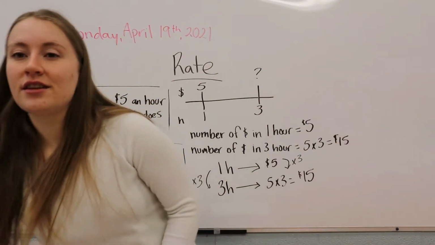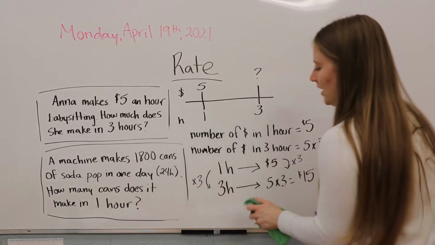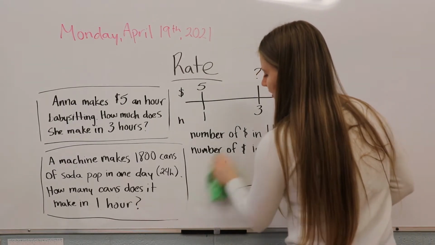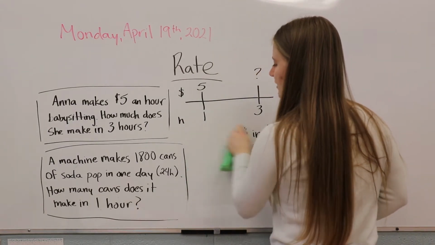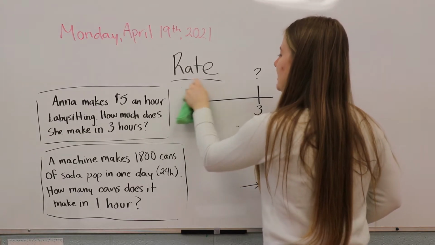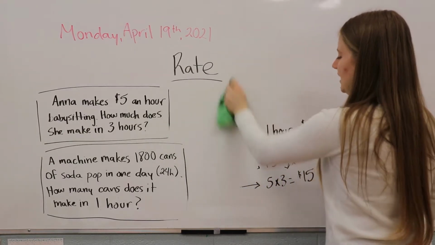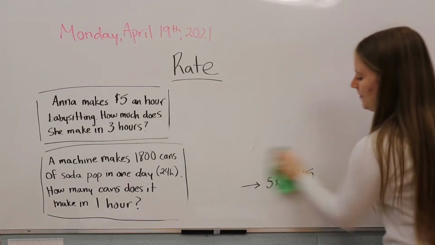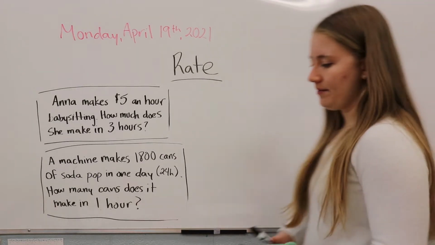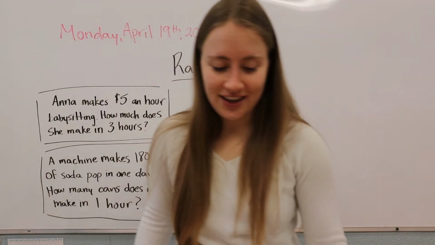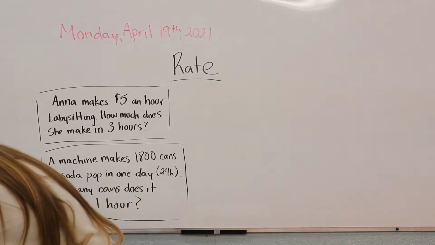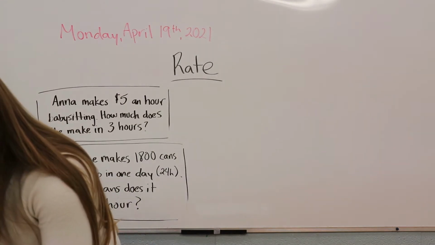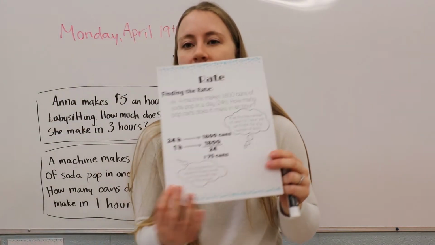Okay? So now let's look at our second example. And this one is probably a little less clear to do in your head. So that will help us to see what it looks like with our line diagram and with our arrows. Okay? So this question is actually the question that is used for your anchor chart with the soda cans, okay?